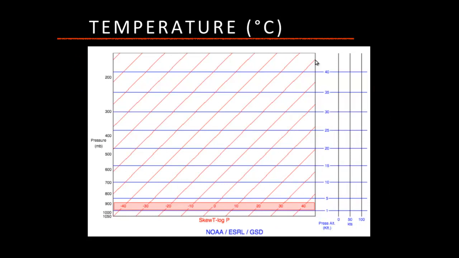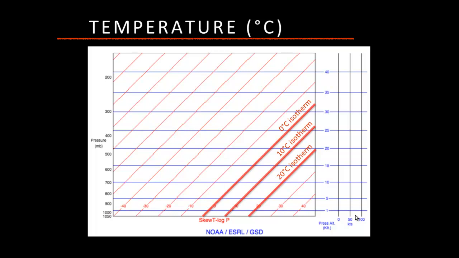So first of all, let's take a look at one of the first lines that you need to understand, and these are the isotherms, or lines of constant temperature. You can see they're skewed here at a 45-degree angle, hence the name Skew-T, and it's in degrees Celsius. So we have 40 degrees, 30 degrees, and each one of those lines is labeled accordingly. I've highlighted here 3 of those lines: the 0-degree isotherm, the 10-degree, and the 20-degree isotherm.